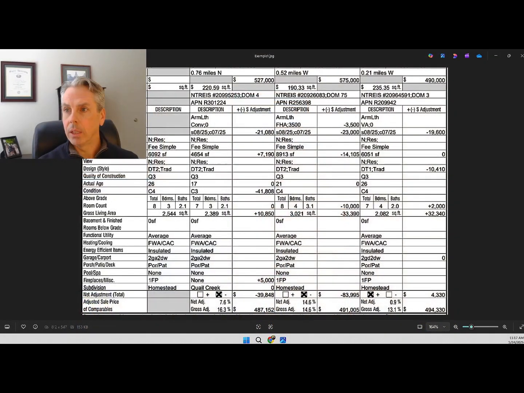So if we look at a sales comparison grid, we can notice a few things. We have a grid set up in such a way that we are applying adjustments for various features.